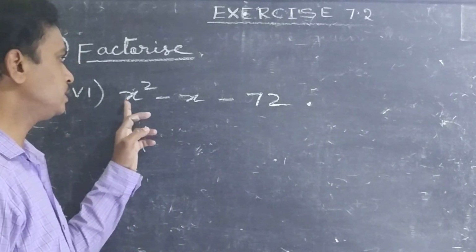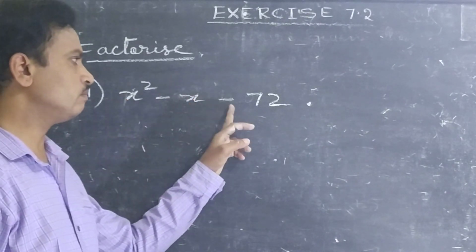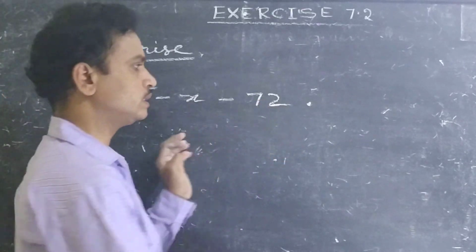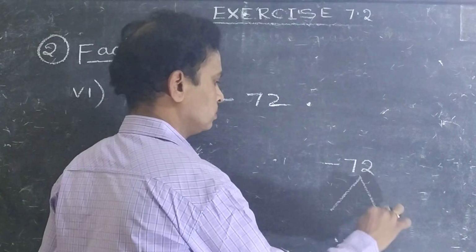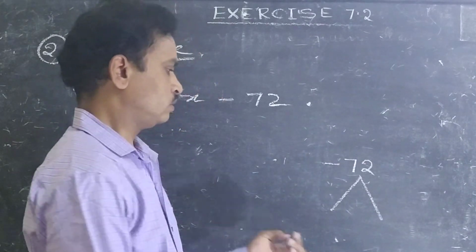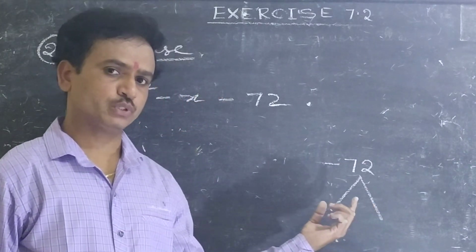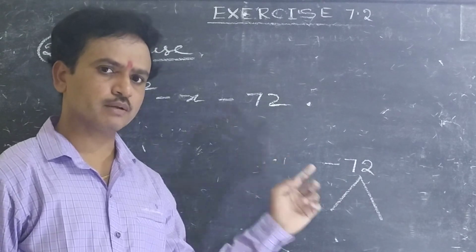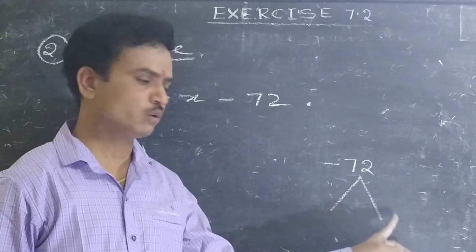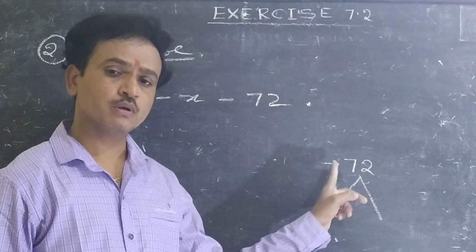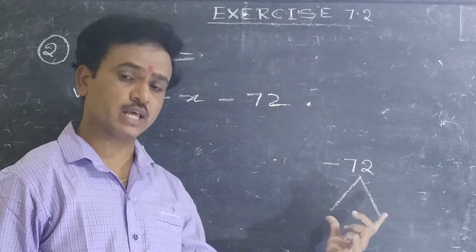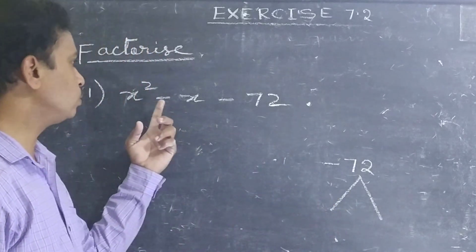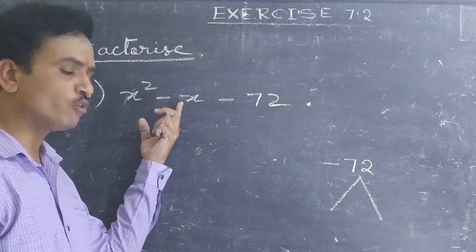Sixth question, x square minus x minus 72. The last term is minus 72. What should we do here? We should take two numbers such that the product of the two numbers is equal to minus 72. Then the sum of the two numbers should be equal to the coefficient of x.